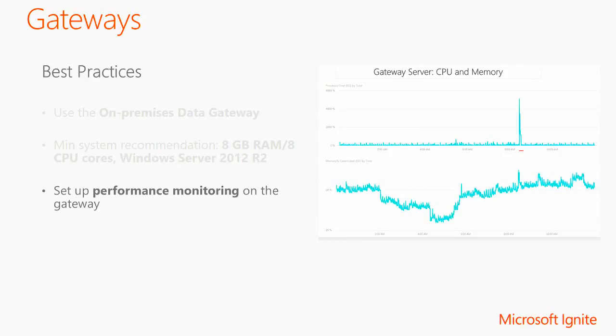In particular, there's a great guide that I have linked at the end of this presentation, which walks through how to do this setup, how to look at the performance metrics, and how to even hook that up into Power BI, so you can make reports like these to show what your CPU usage, RAM, and network bandwidth have looked like over time. This is really helpful just to understand a baseline of what your gateway is doing, and then to see the peaks and troughs.